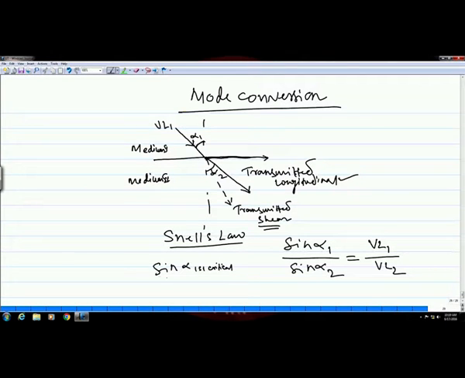So, this corresponds to alpha 2 becoming 90 degree. Okay. So, this gives you the first critical angle as sin inverse the ratio of the velocities.